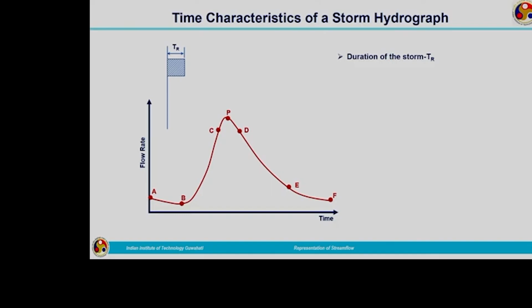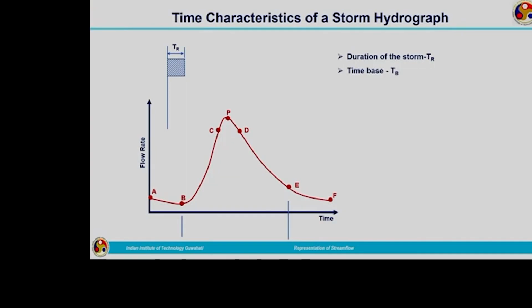Here we are going to understand the time characteristics of the storm hydrograph. TR is the duration of the storm which caused runoff at the outlet. Because of that storm event, the runoff produced along with the base flow is plotted here as a storm hydrograph. This is the time base of the hydrograph.